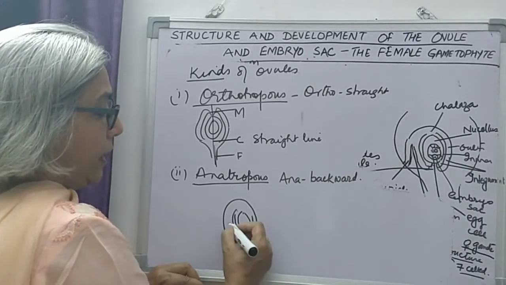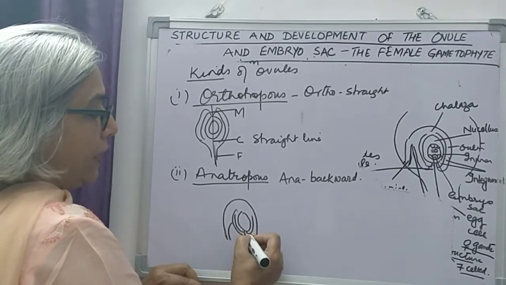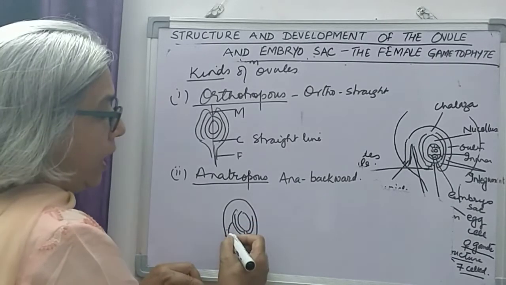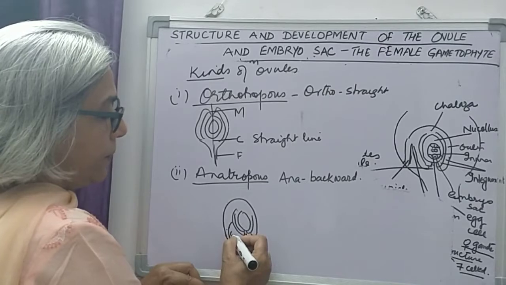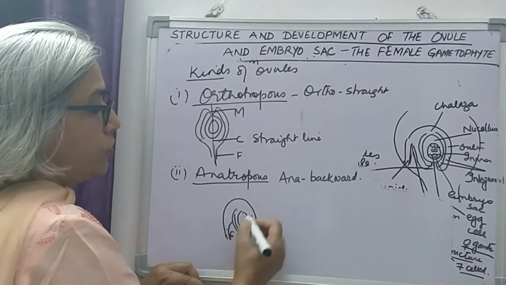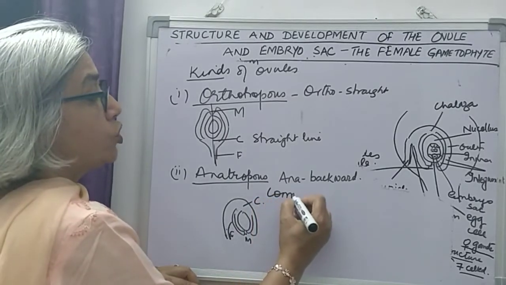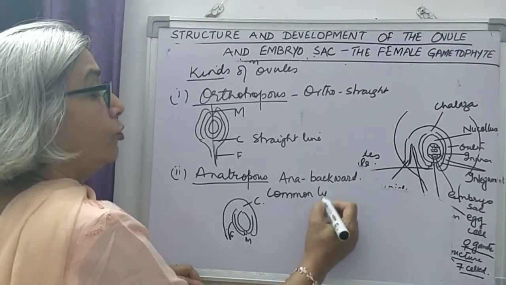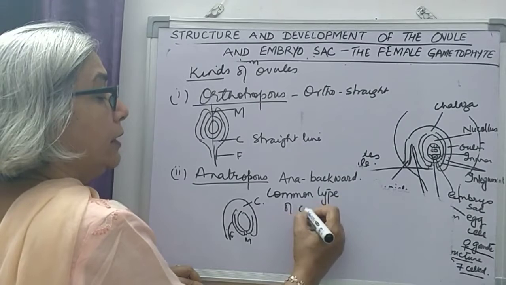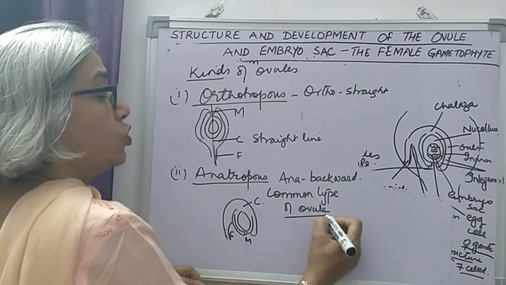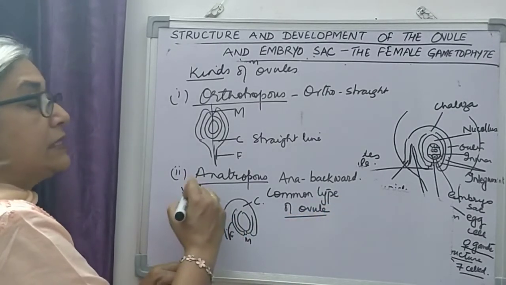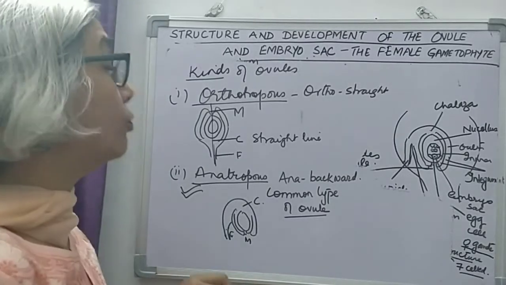This is the micropyle, this is the funicle, and this is the chalaza. This is the most common type of ovule in the angiosperms. The most common type of ovule is the anatropous ovule.